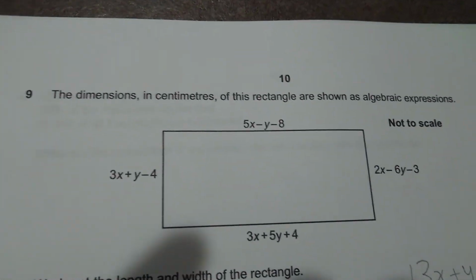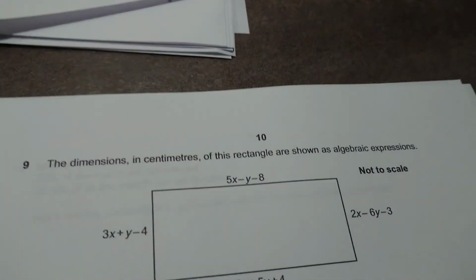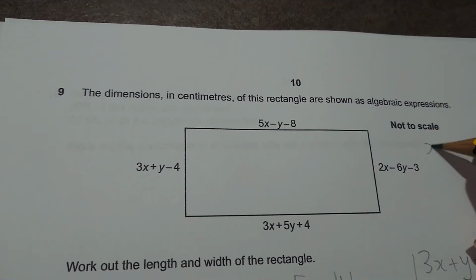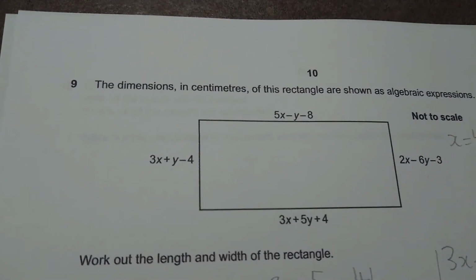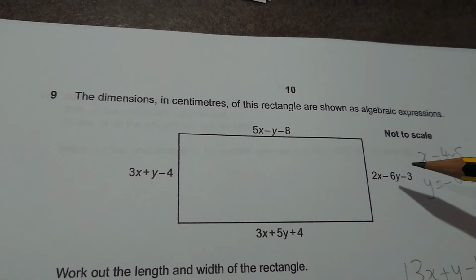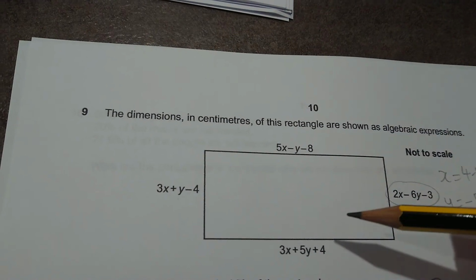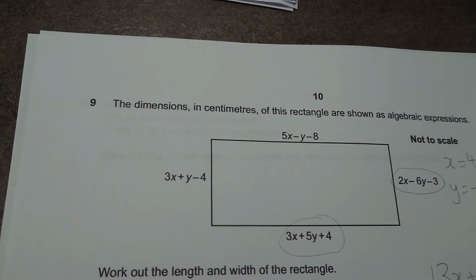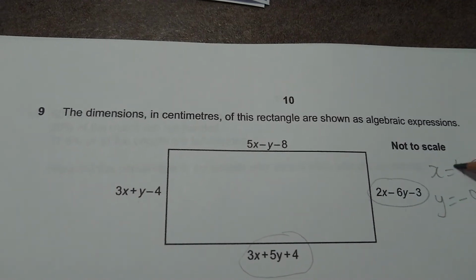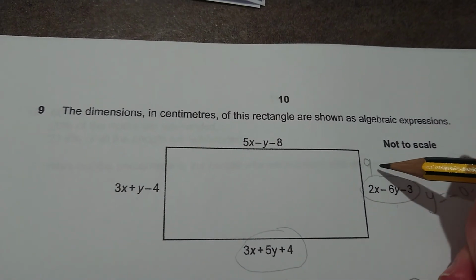So if I go back to this rectangle, because we've got to work out the length and the width. So x is 4.5, y is minus 0.5, and I'm going to substitute them into here to work out the width, and then into this one to work out the length. So I would have to do 2 times x, so 2 times 4.5 is 9.